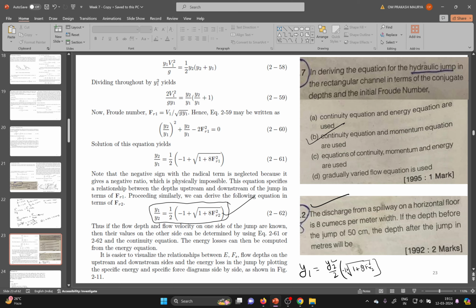Here the discharge is given, so you can go through this formula. Very easy. First calculate the Froude number and all. Whether you will use this one or the above one, which one will you use, just think.